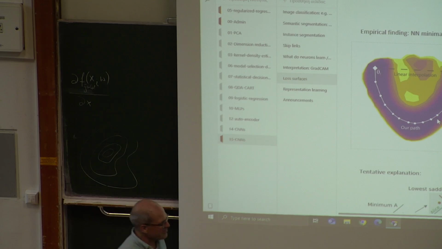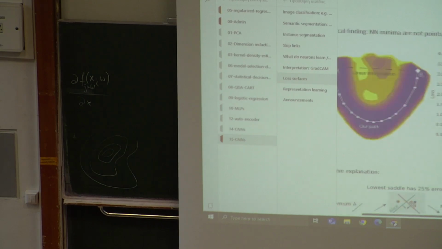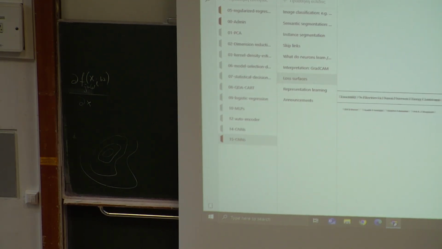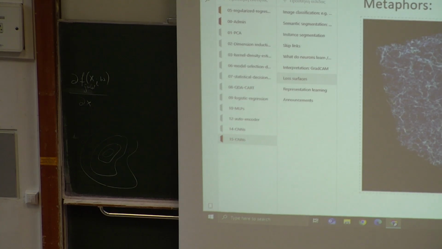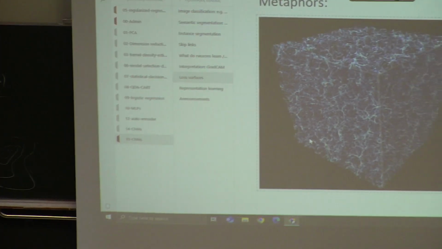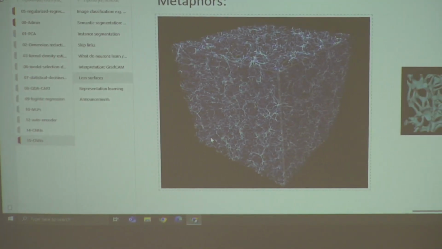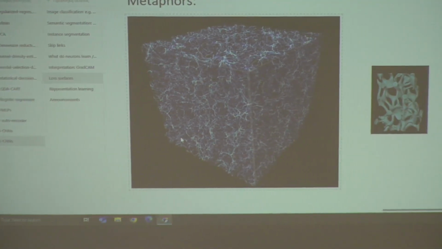And that means that the minima are not really points, but they are manifolds. Now this is difficult to imagine in a million-dimensional space, but I have here just some random 3D pictures to illustrate how I think about what a minimum of a neural network looks like in parameter space. On the left is some cosmic web, and on the right-hand side is a micro CT image of a foam.